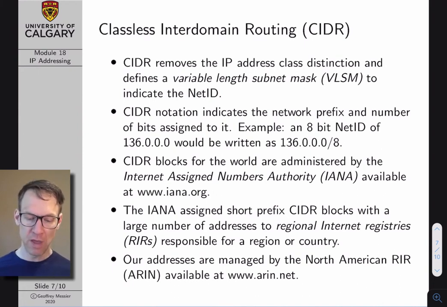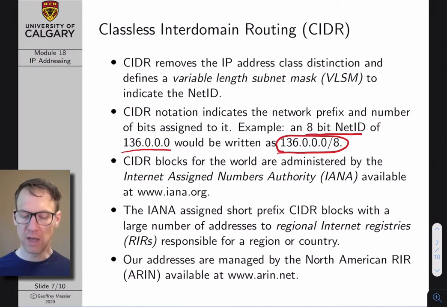So for example, if we are using an 8-bit network ID and our network ID is 136.0.0.0, and those last three zeros are there because we're not using them in our network ID, we actually still do have to indicate in our notation that we are using just 8 bits for our network ID.